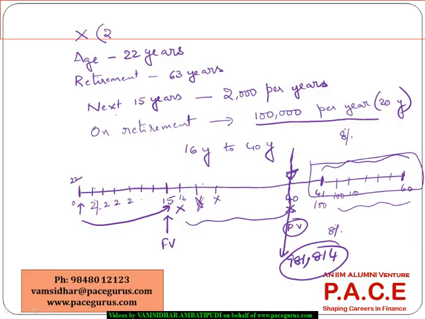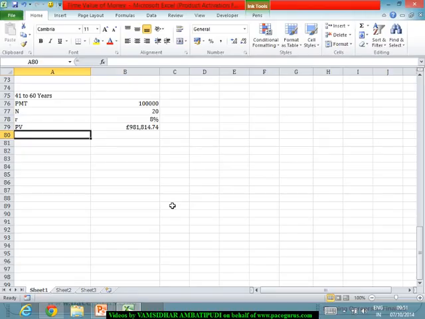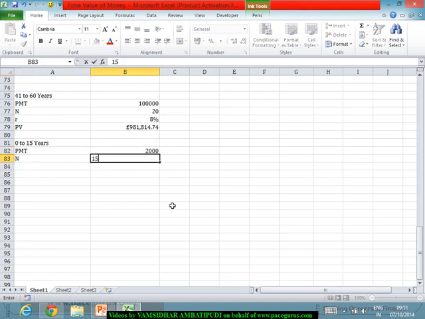Future value of all these investments at the end of 15 years. So I am taking the situation of 0 to 15 years, wherein I am contributing 2000 per year for a 15-year period, and let's say the interest rate is still the 8% itself. I can find out the future value at the end of 15 years.